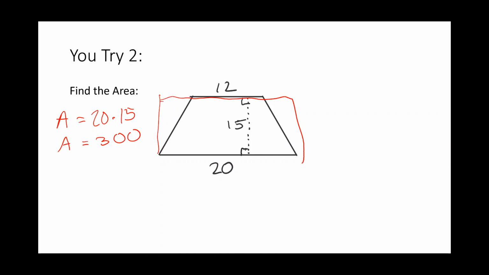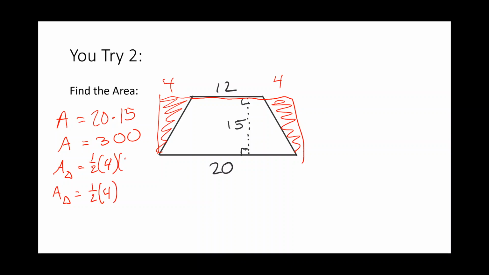And I need to subtract off, let's see, 20 minus 12 is 8, so half of 8 is 4. So the area of triangle 1, triangle 2 is going to be half times 4, and then they're 15 tall, which means that they're each going to be 30 when I put them into my calculator.